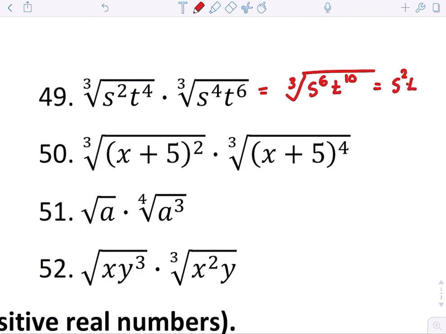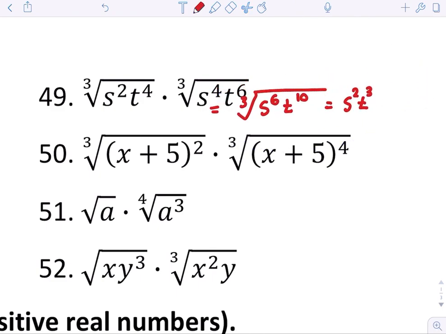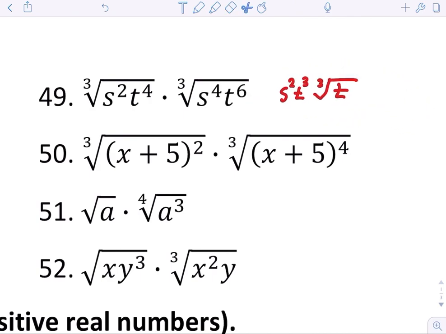So we're going to have 3 t's on the outside, and there's 1 remaining t on the inside. So I'm just going to put this over there so you guys can see. Cube root of t. And this is your guys' answer.